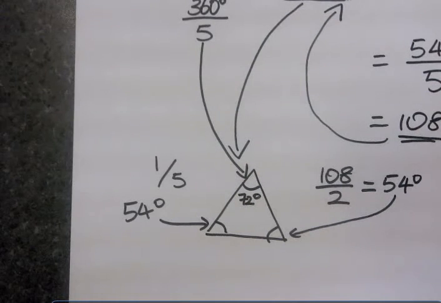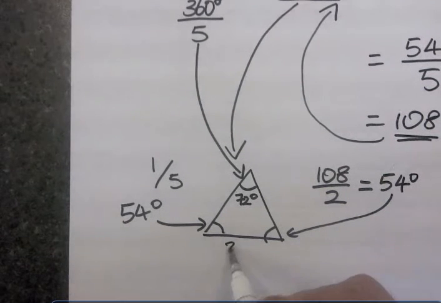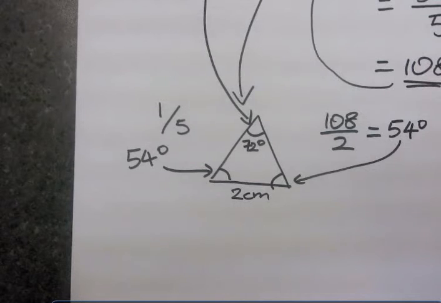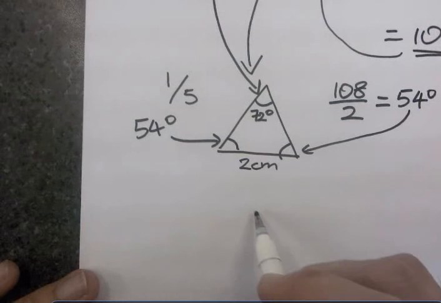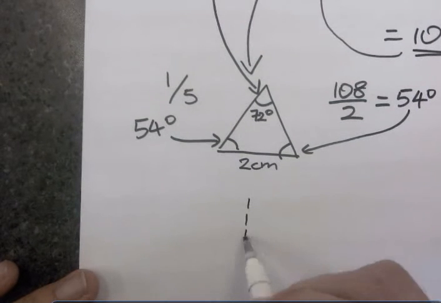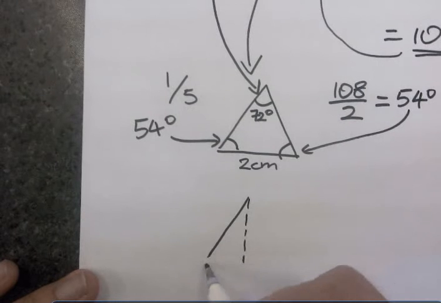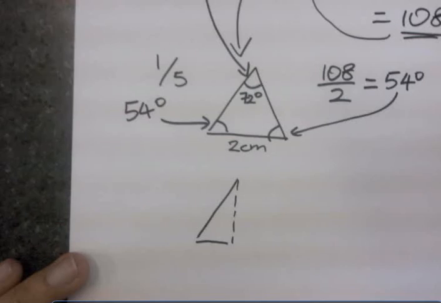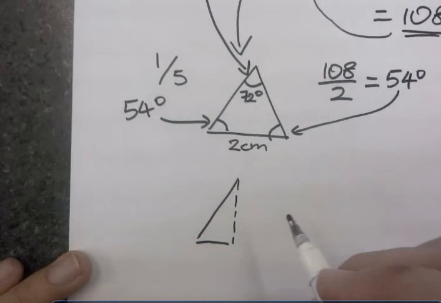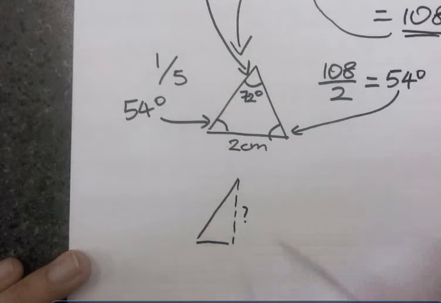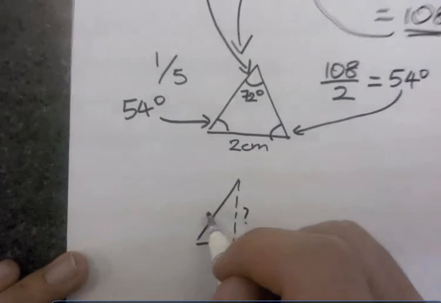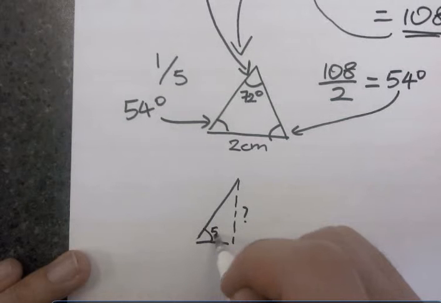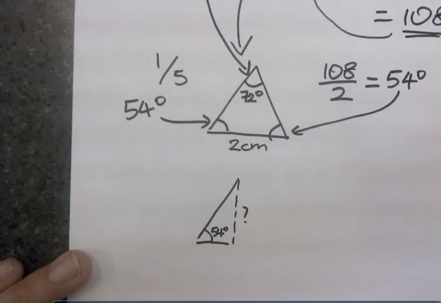What I'm going to do right now is divide the triangle in half again, so we get a right angle triangle, and I do want to find the height of this. We know this is 54 degrees, we know that's 1 centimeter.